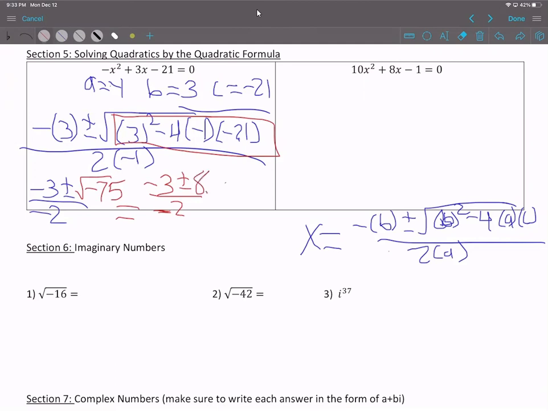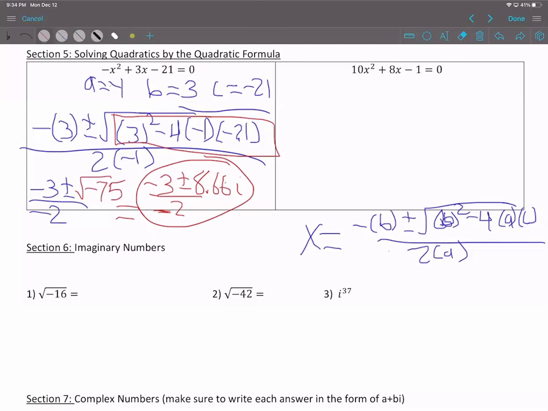So it'd be -3 over -2 plus or minus 8.66i. I would just leave your answer like that. You might do more with it in future classes, but honestly, most of the time in this class, we just want to know if there are imaginary solutions. We're not really doing a whole lot with them. I'll model that later on, but for now, we should be good.